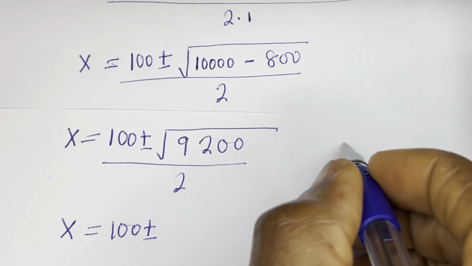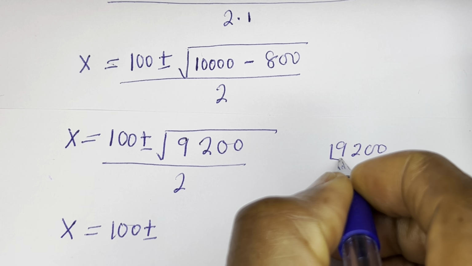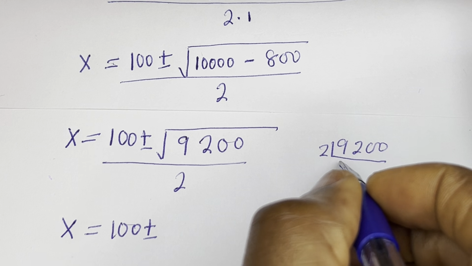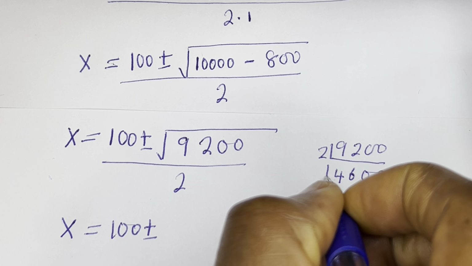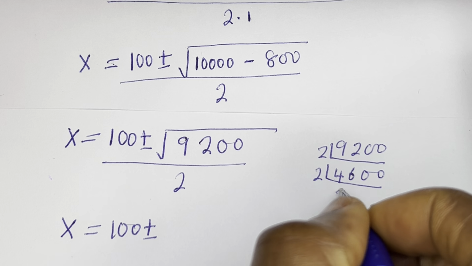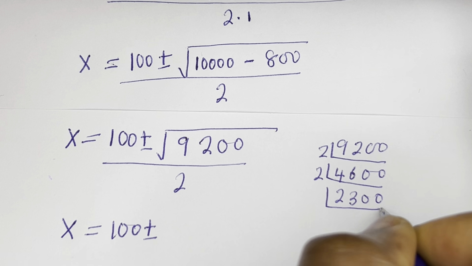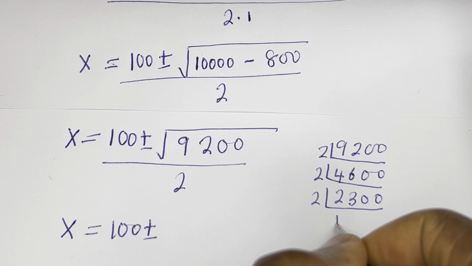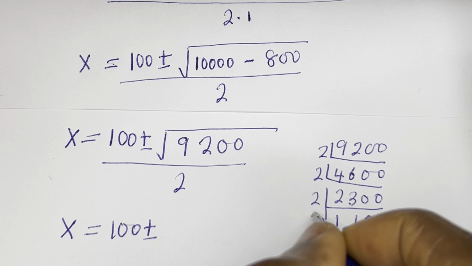here we have 9,200. This is divisible by 2. Here is 4600, and this is divisible by 2 as well. Then this is 2300. This is divisible by 2. Then here is 1150. This is divisible by 2.